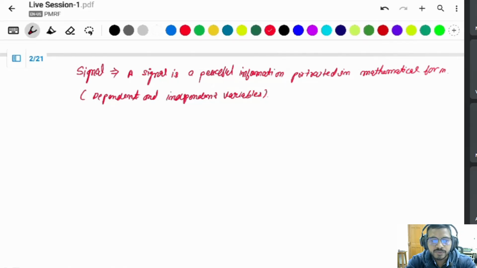Mainly, signals are of two types: deterministic signal and stochastic signal or random signal. A deterministic signal means there is no uncertainty with respect to the value at any given instant of time, or it can be defined exactly by a mathematical formula, or you can express the same thing in a mathematical expression.